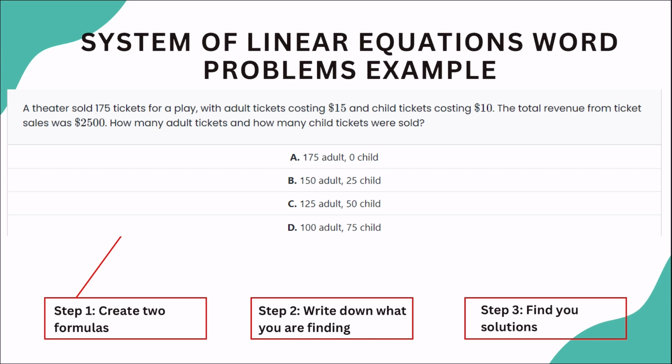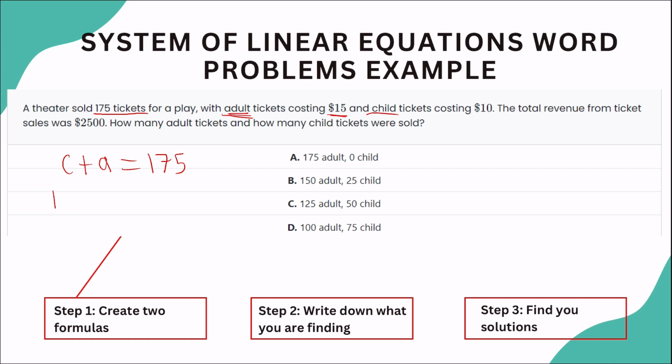So I'm going to look and see 175 tickets, and I'm going to see that we're selling adult tickets and child tickets. So between the combination of child and adult, we sold 175 total tickets. Now, in our second equation, I'm seeing that these adult tickets are $15.